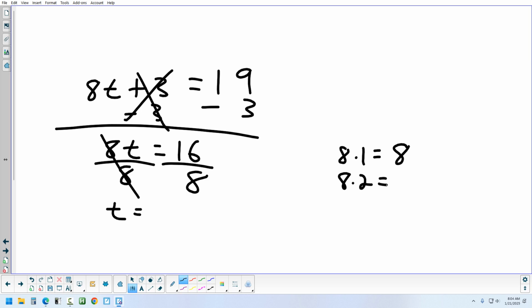Think of 8 plus 8. How much is that? 8 times 2, a little bit more. 16. 8 times 2 is 16. Okay. So what's 16 divided by 8 going to give me?